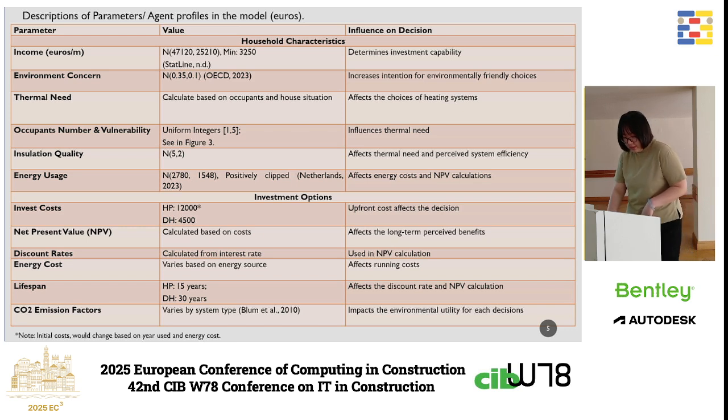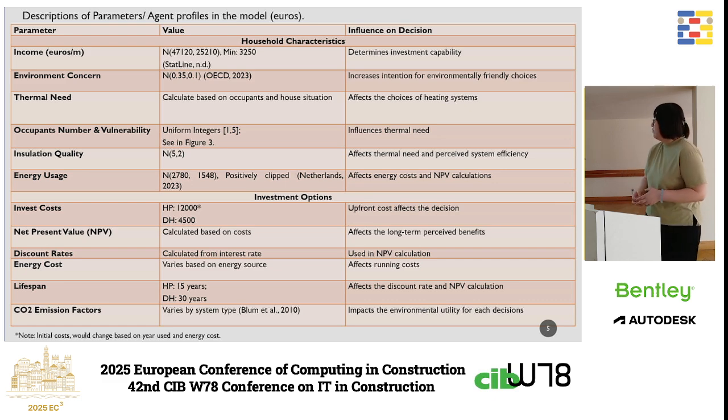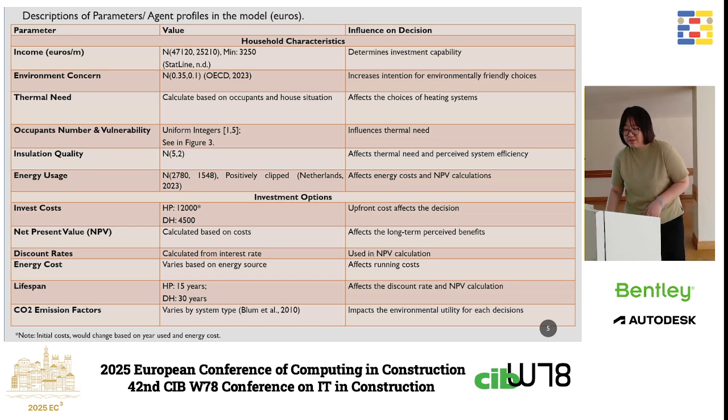Energy usage patterns and investment costs for different heating options significantly impact the net present value, which is NPV, and long-term benefits perceived by households. By simulating these parameters, the model captures the diverse decision-making process and preferences of households.